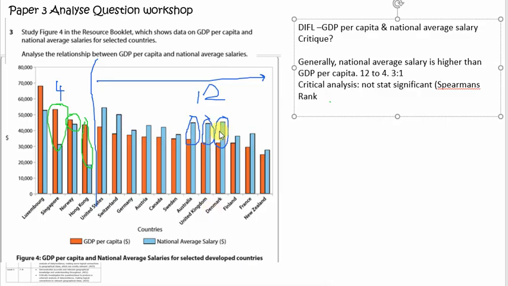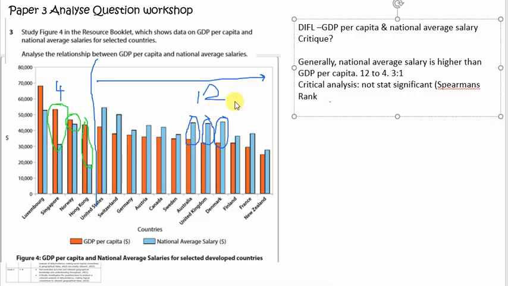Let's have a look. You could even link it to political systems and the type of governance in the country. I don't know if there's a date on this source, but maybe the fact that we've had a Conservative government since 2010 might explain why the UK has got a bit of a gap. So political systems and governance might be an answer.